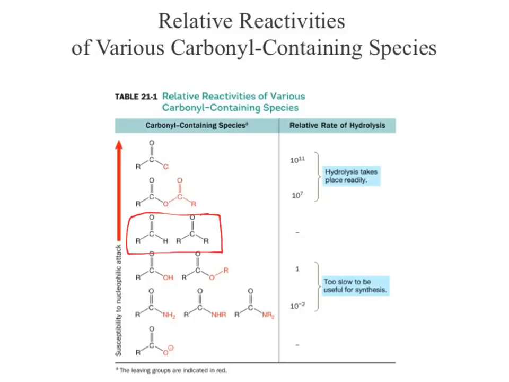Why are those interesting to show in this chart? They don't do the addition-elimination reactions. Okay. Why are we including them in this list? Because what they're trying to do is show their relative reactivity in comparison to the other functional groups.